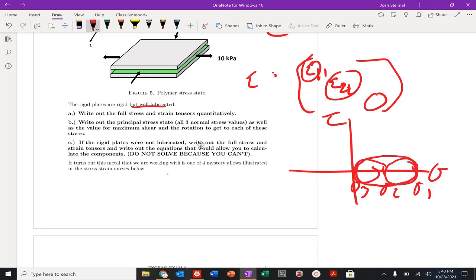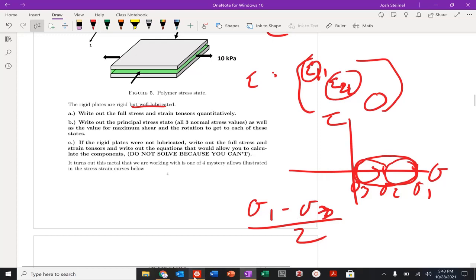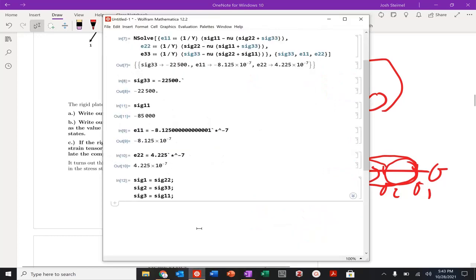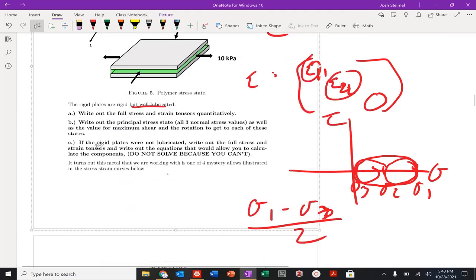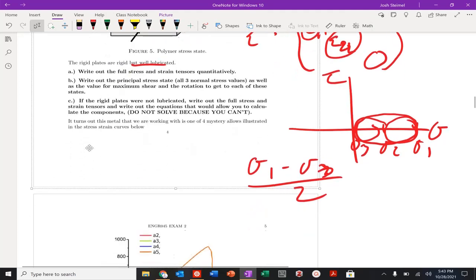So my maximum shear stress will be sigma 1 minus sigma 3 over 2. And there we go. So that'll be my maximum value of shear, sigma 1 minus sigma 3, the whole thing divided by 2. And there's my value. So the rotation is 45 degrees, again, because we're already in that state.